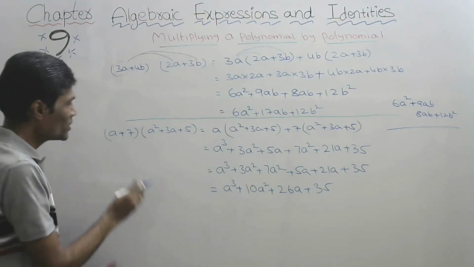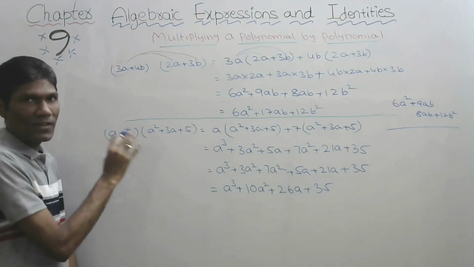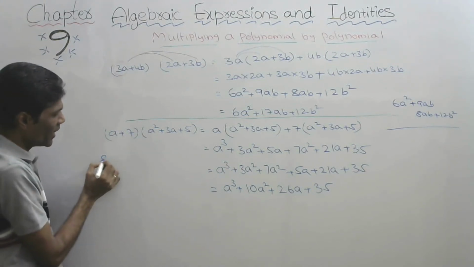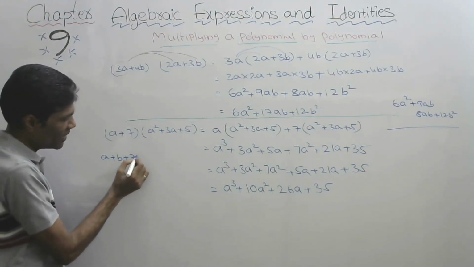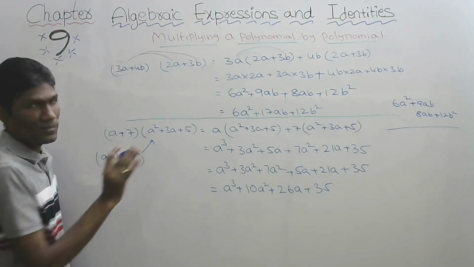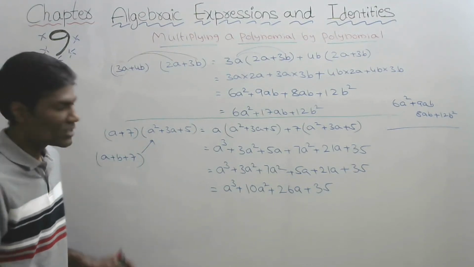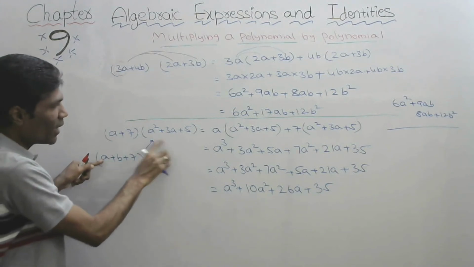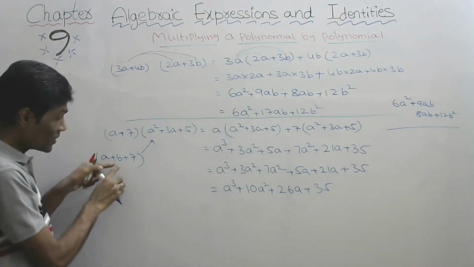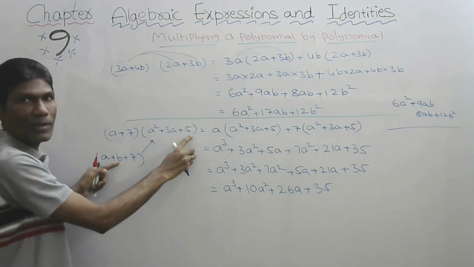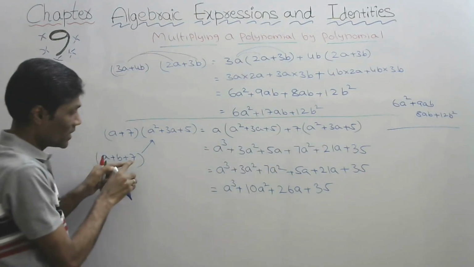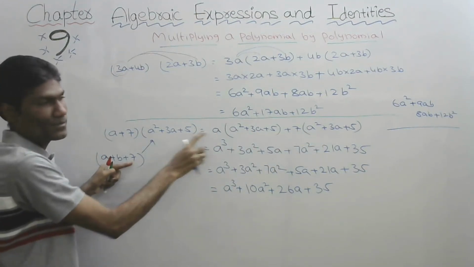Now, instead of a plus 7, if there is something like a plus b plus 7 into this one, then what is the process? Take a and multiply like this. Then next, take b and again multiply. Take 7 and write here.